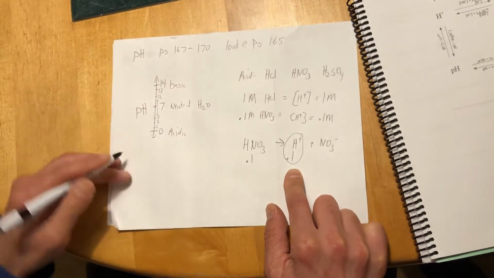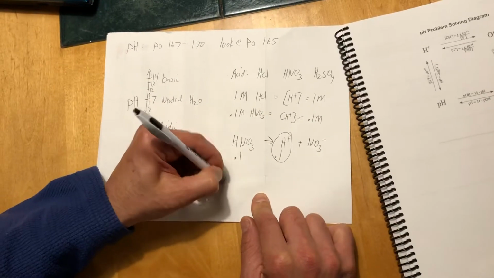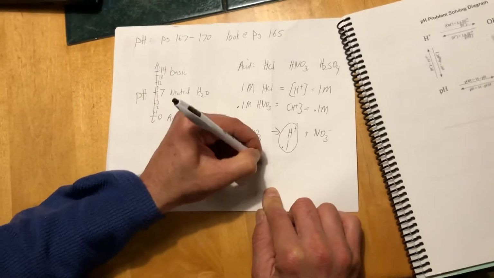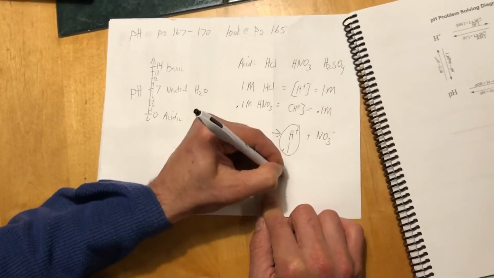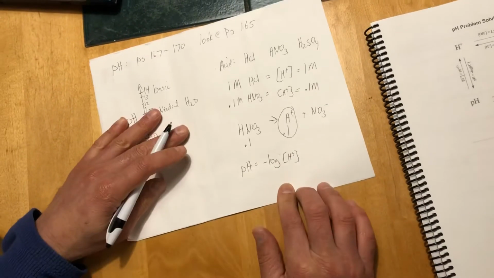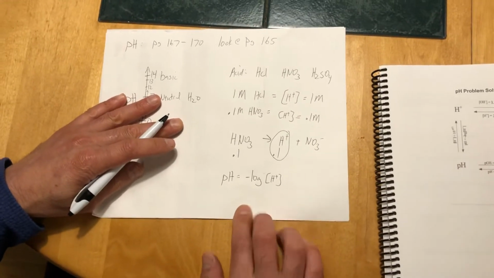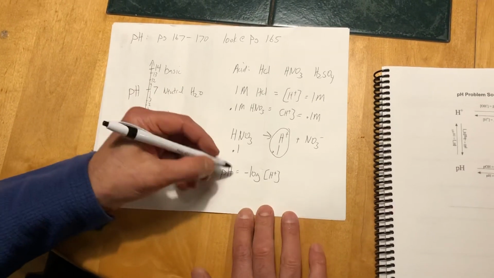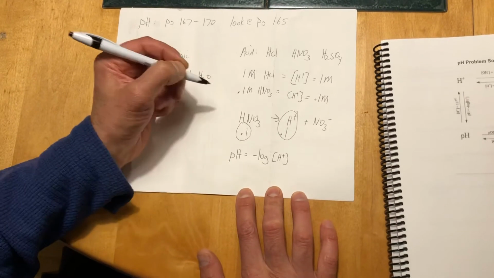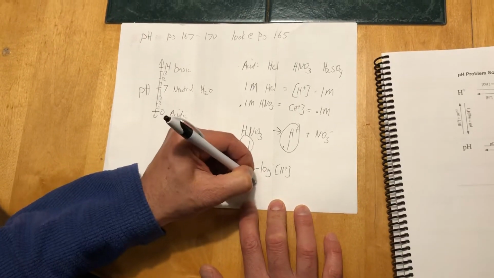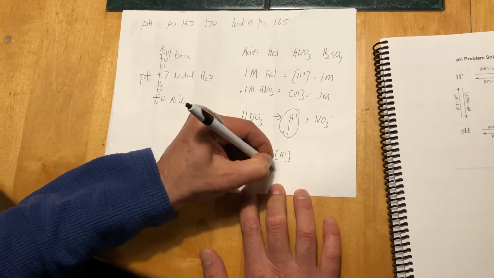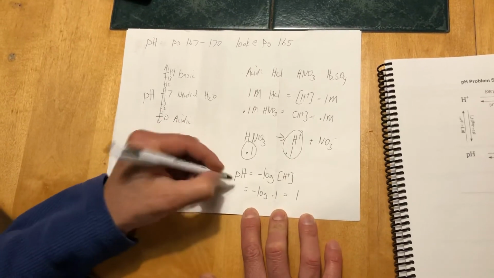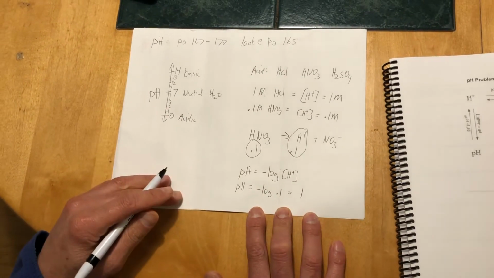So to calculate the pH, we're going to do the negative log of the hydrogen ion concentration. Negative log. So if you take a 0.1 molar solution, and on your calculator you go negative log 0.1, then the pH comes out to 1.